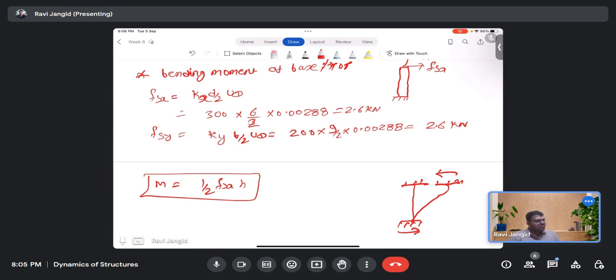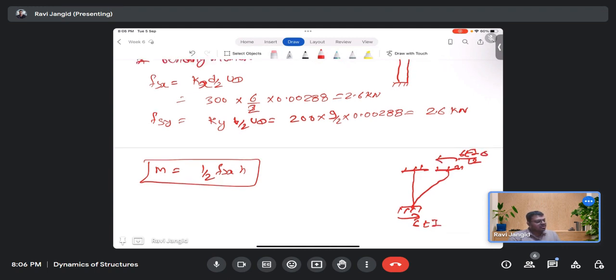So the moment we write as 6 EI by L square into displacement. So what is my reaction at that point, R? If I calculate R, that comes out to 12 EI by L cube into delta.